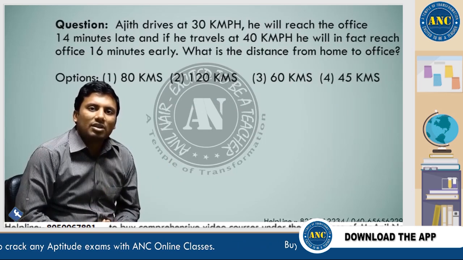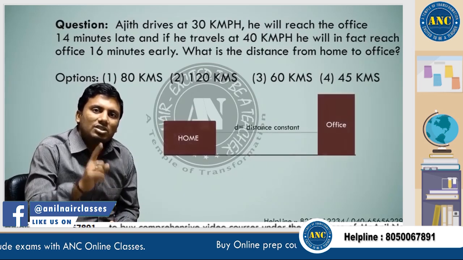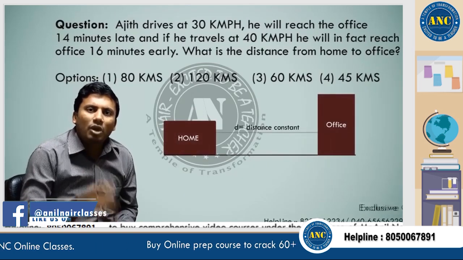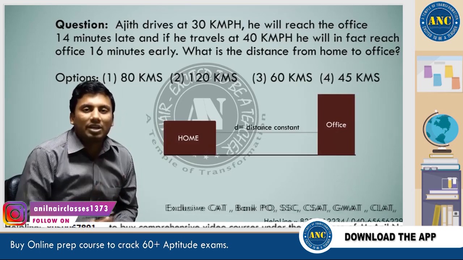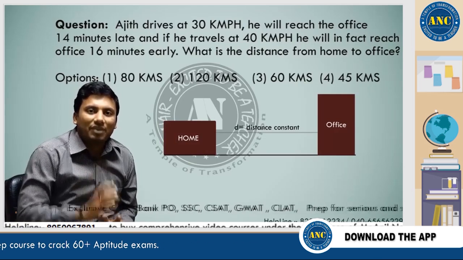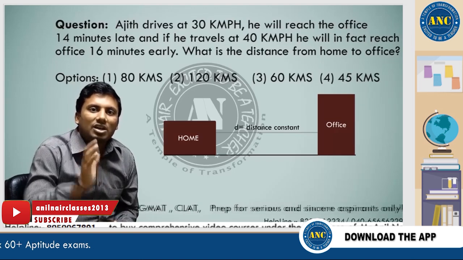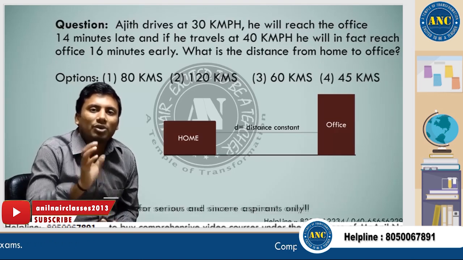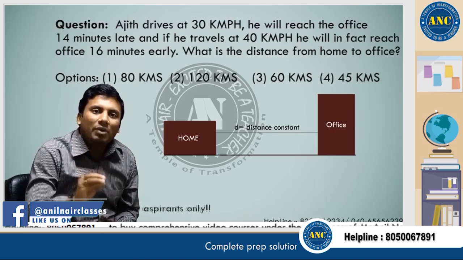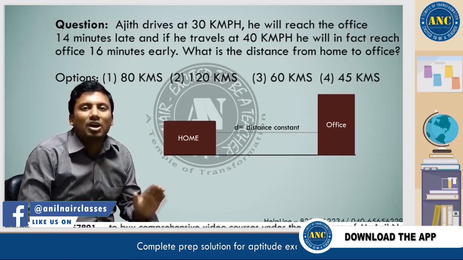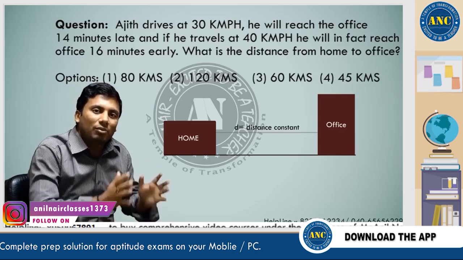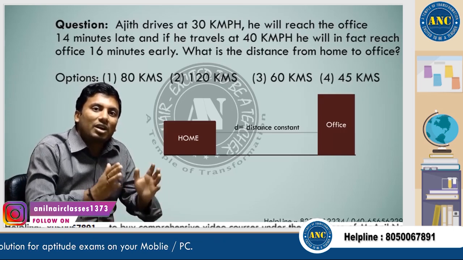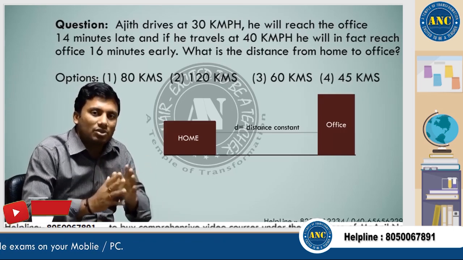From the question, we understood that distance is a constant. What do you mean by constant? Constant is a fixed quantity. 23 is constant, 34.2 is constant. Any numerical value is considered to be constant. So instead of solving the question by using variables, let us convert that variable into some constant value.